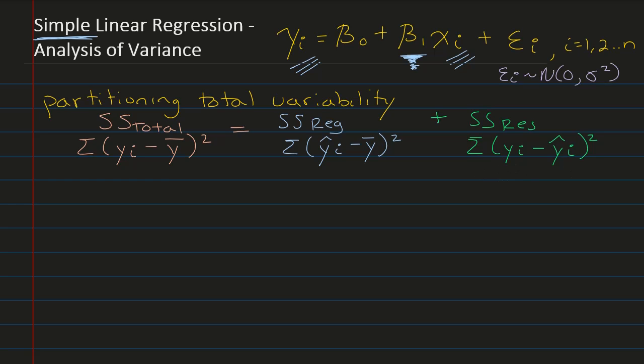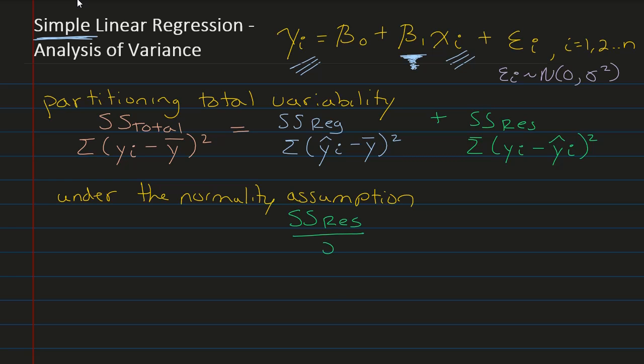So it turns out that under this normality assumption, if you take the sum of squares residual and divide it by sigma squared, the variability of the model, this is a chi-square distribution with n minus 2 degrees of freedom.